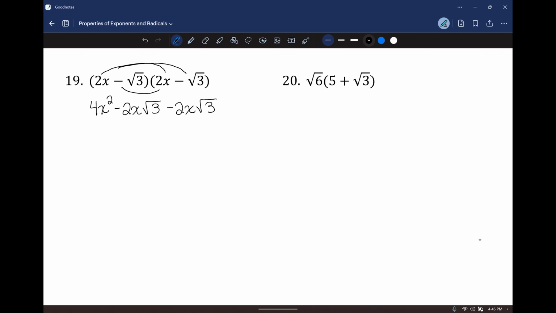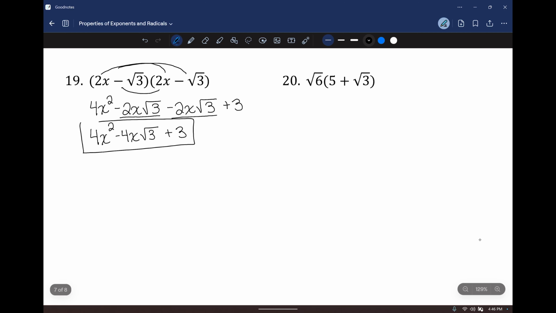And negative square root of 3 times negative square root of 3 is positive square root of 9, which is 3. So we have 4x squared. Negative 2x square root of 3 and negative 2x square root of 3 make negative 4x square root of 3. And then plus 3.